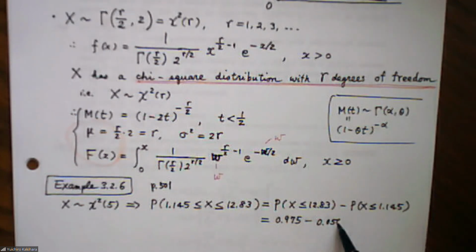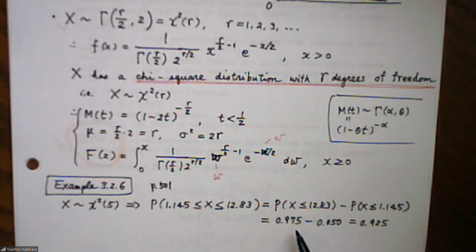This probability is 0.975, this probability is 0.050, so the difference is 0.925.